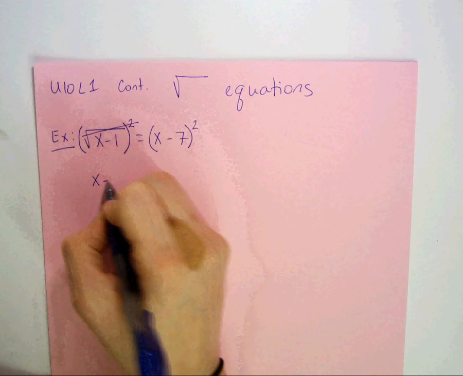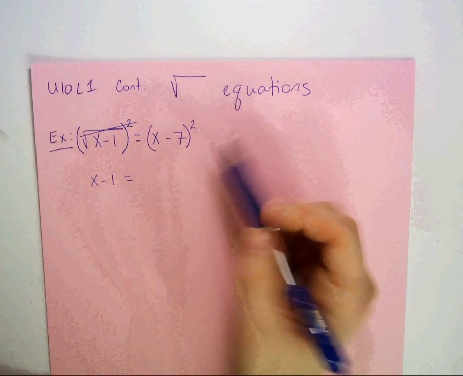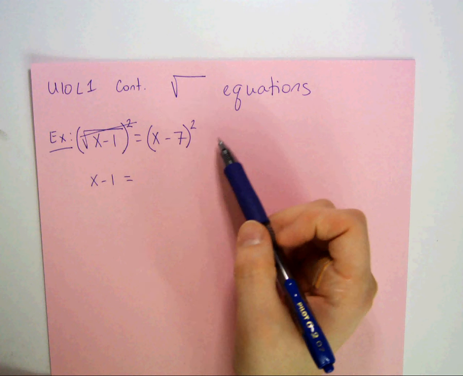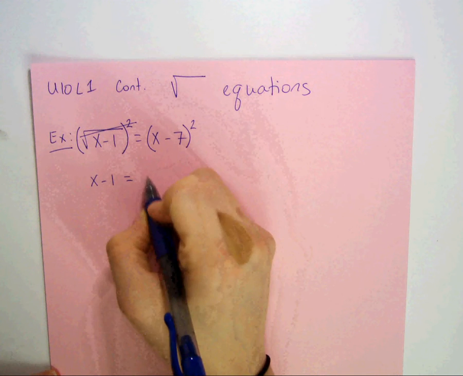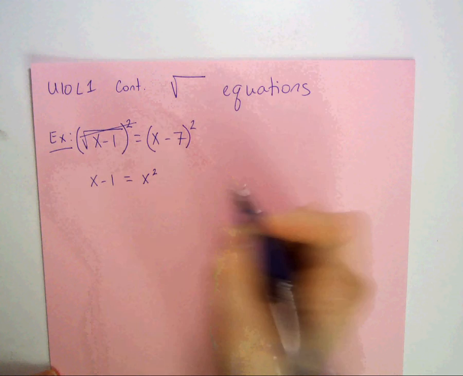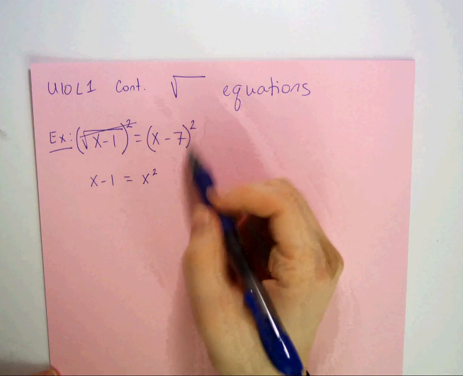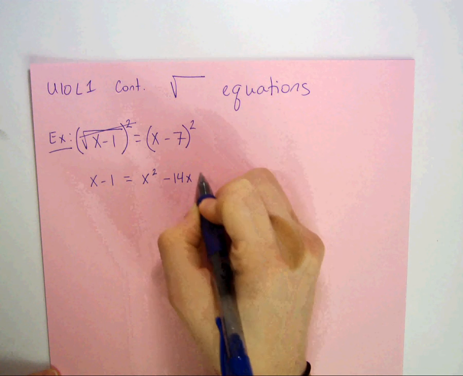I get x minus 1 equals, and you square this out, or if you remember the pattern back from Unit 8, I believe, whenever we were completing the square. I'm going to do this quick, but if you have questions, then email me or go back and look at that lesson. So we're going to get x squared minus 14x plus 49.